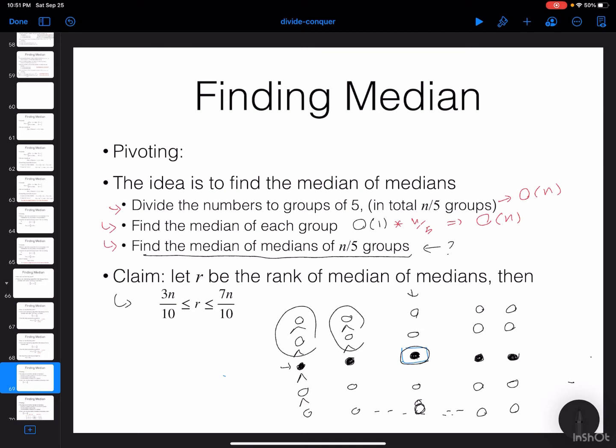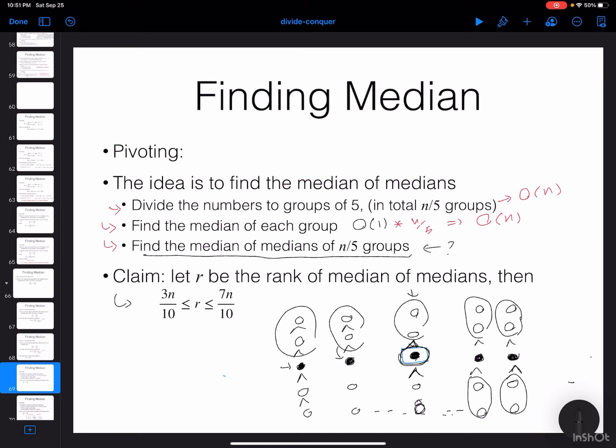And these two are going to be smaller than this median. All of these, for these two, are going to be smaller than this median. These are the medians of each of these groups, right? And these two are going to be greater than the median of their own group, and these two are going to be greater than the median of this part.